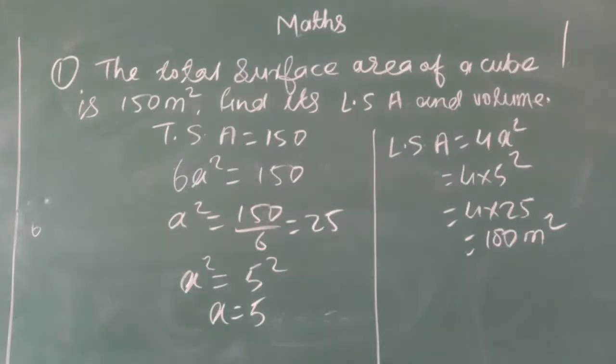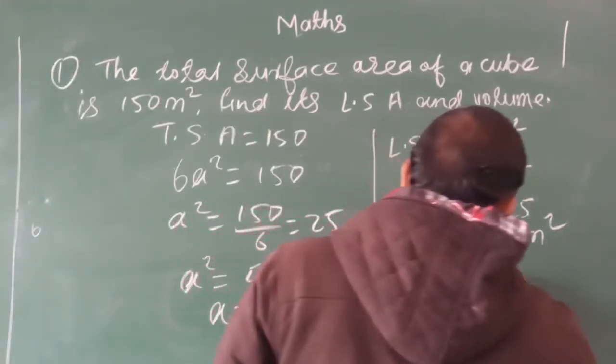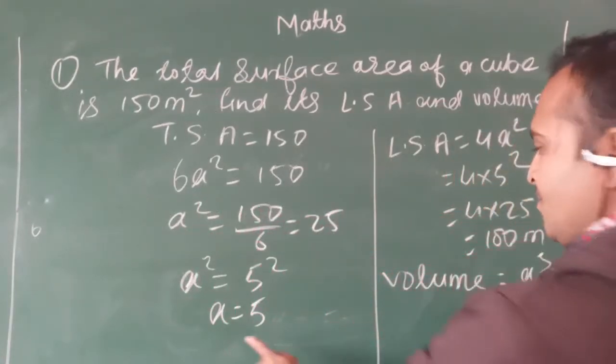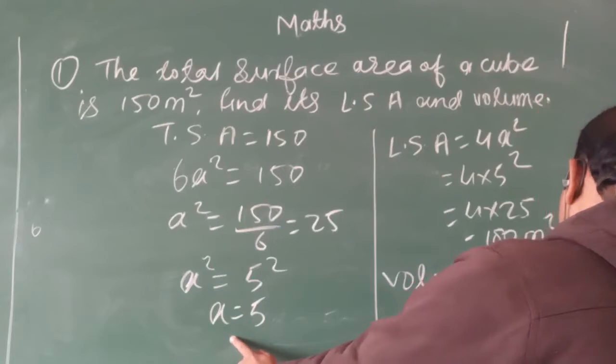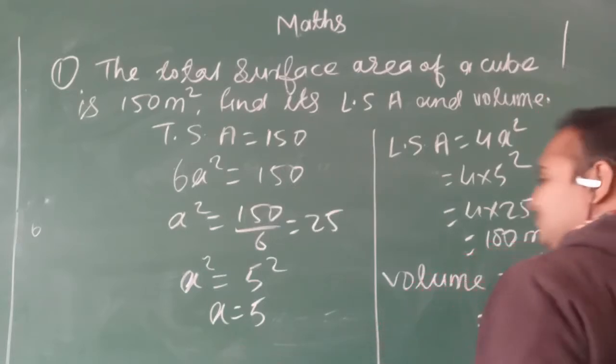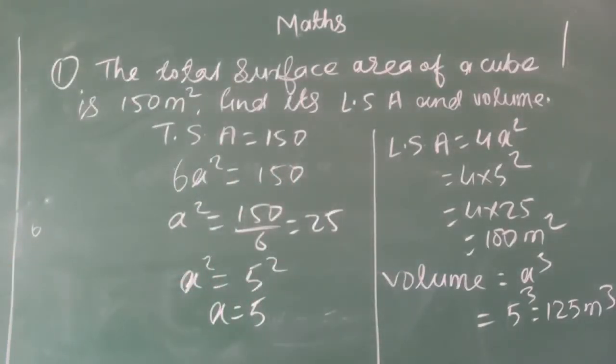And again volume is a cube, where a is 5. 5 cube means 125 meter cube. The unit of area is meter square and the unit of volume is meter cube.